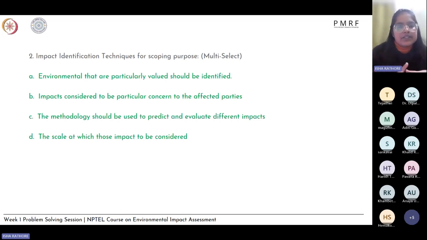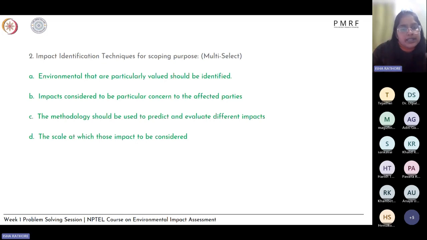Then the methodology is also used to predict the different types of impacts which are going to happen on all of these environmental factors. And you need to predict what kind of impacts are happening, and is it a long-term impact or a short-term impact, or is it a recoverable impact or not recoverable impact?